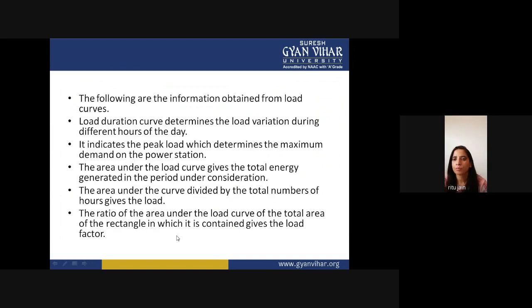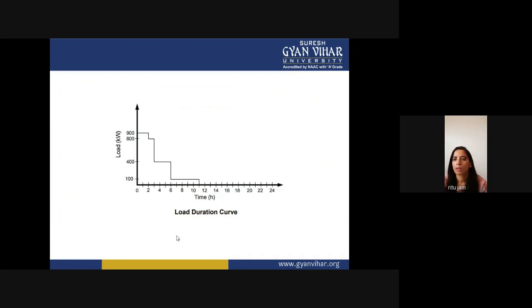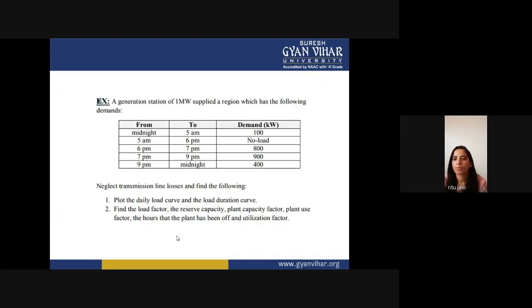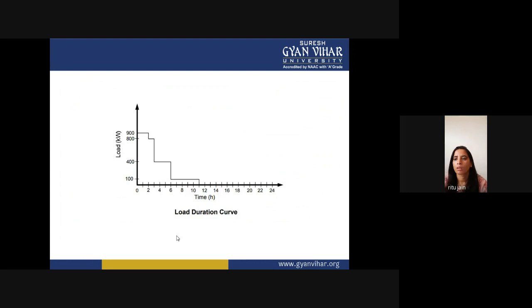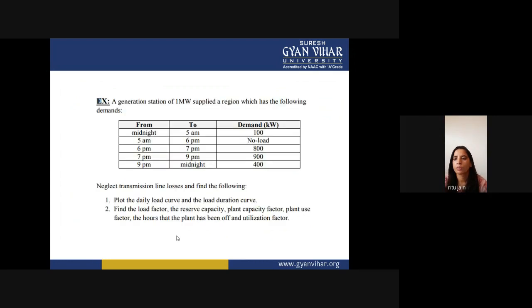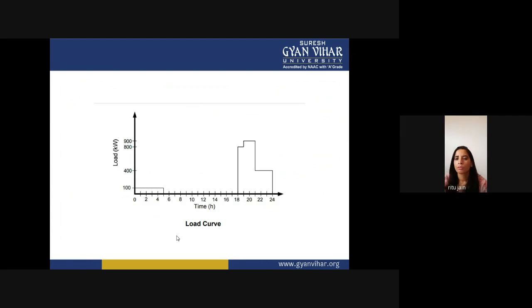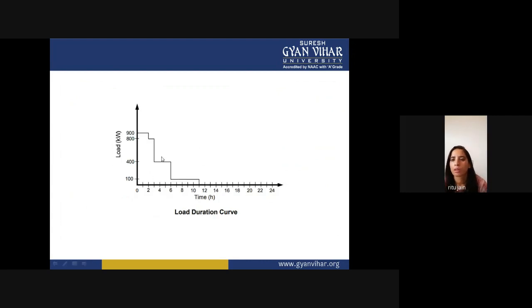Next, you are using 400 kilowatt load, which is for 9 p.m. to midnight, three hours.